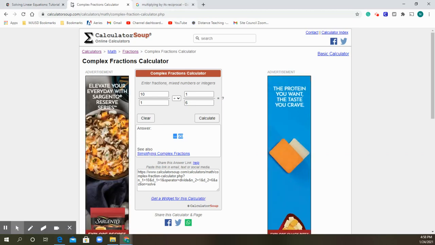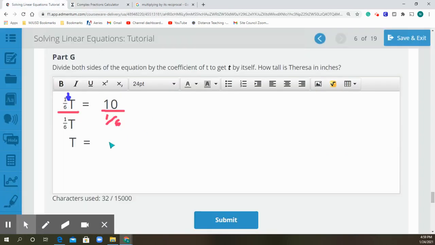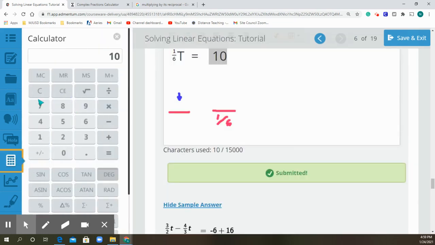All right, so put that right here, 60. How does that make sense? Well, if I take 10 and I divide by 1/6, I am dividing by what 1/6 equals.